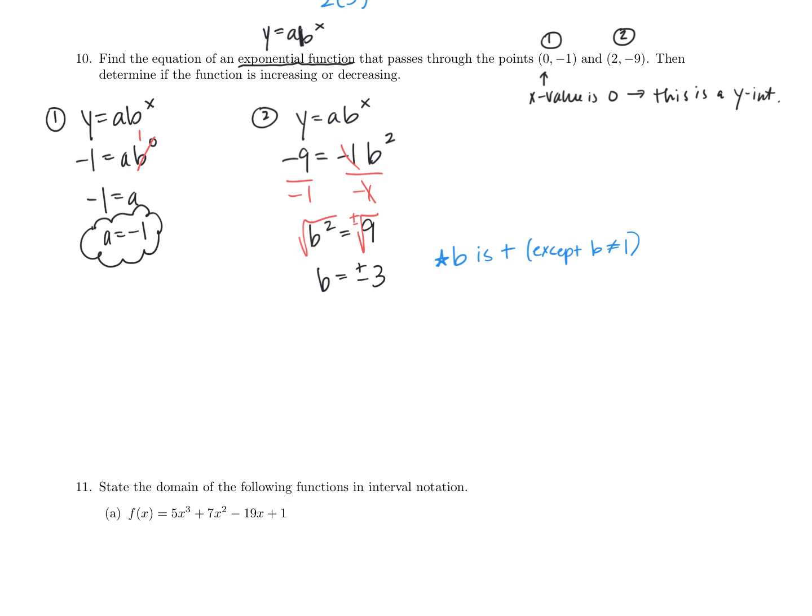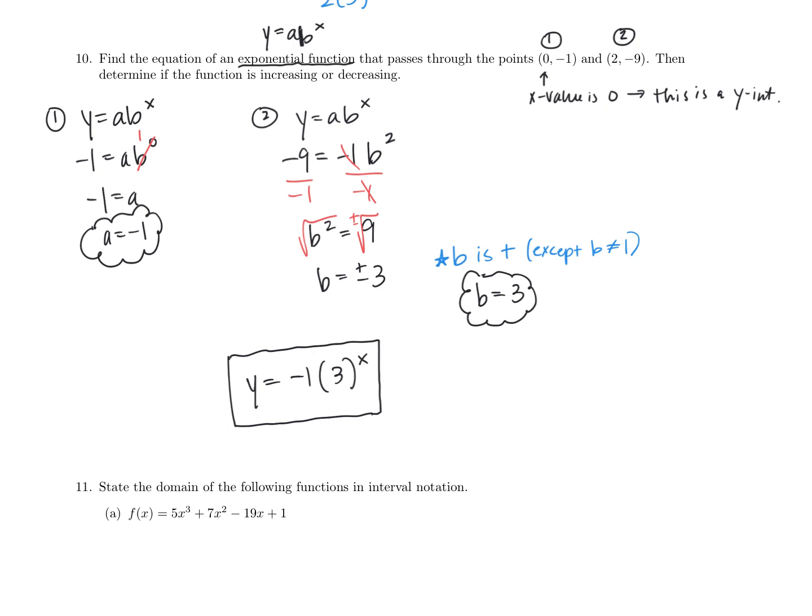So because of that, it can't be the negative. So that means b must be 3. All right, so now we have a value for a, we have a value for b, so we can write our function y equals a times b to the x. That is what you want to give as your solution.